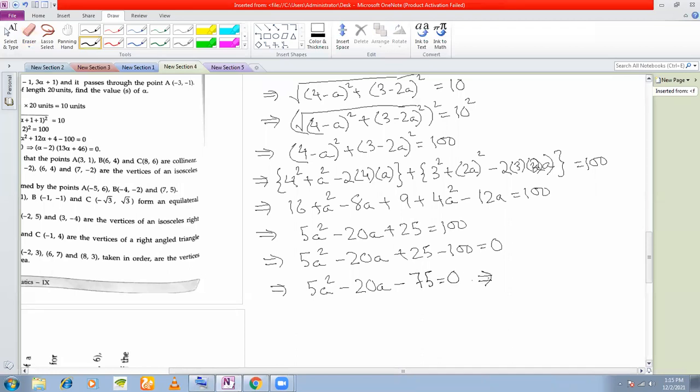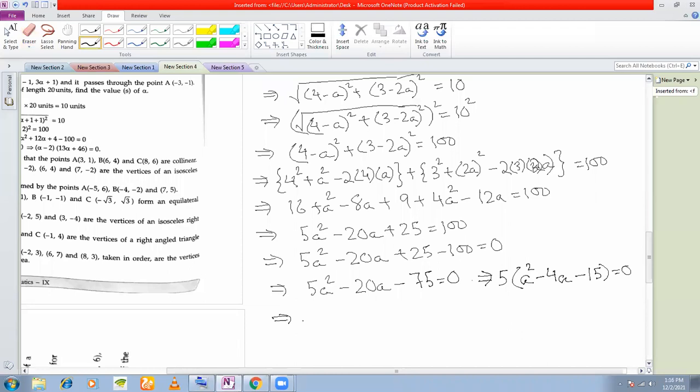That means now here you have already got a quadratic, but you can simplify this quadratic a little. If you see, this quadratic has a common factor, HCF. HCF is 5. So if you take out 5, you're going to get a square minus 20 by 5, which is 4, 4a, minus 75 by 5, which is 15, is equal to 0.